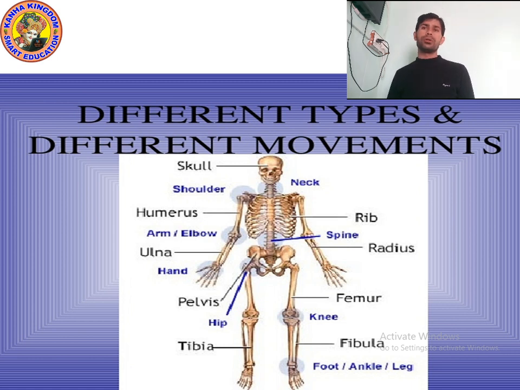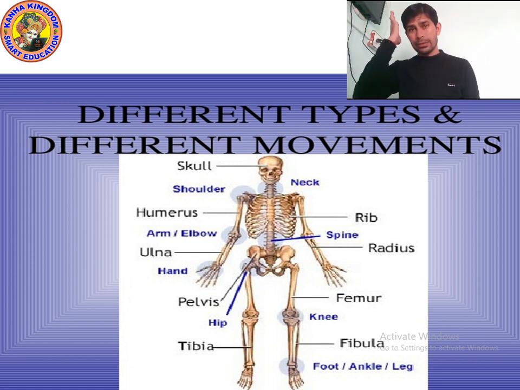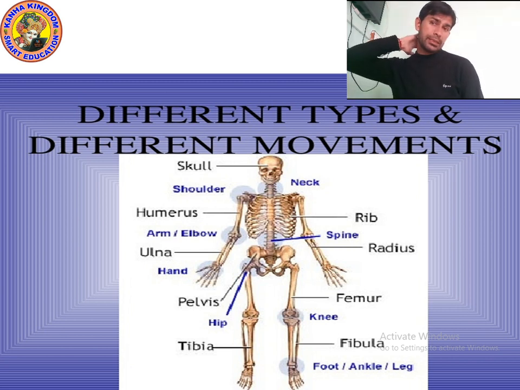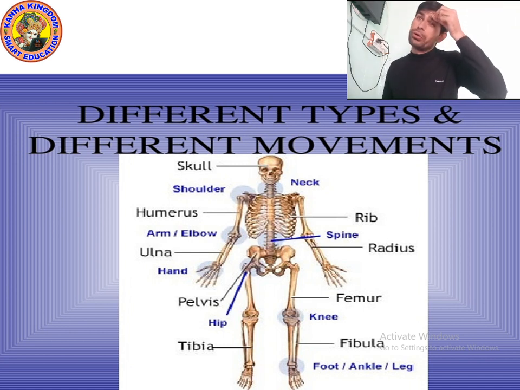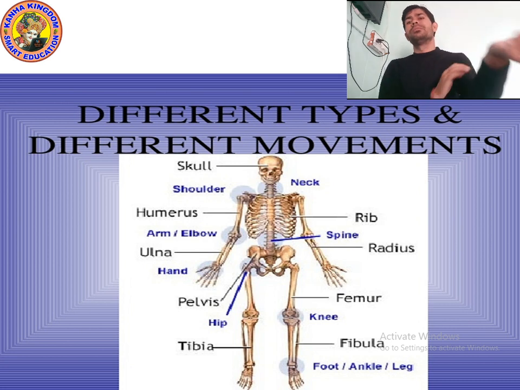Yes, this is endoskeleton. There are different parts of our body, as you can see on your screen. The first part is the skull, at the top, then the neck and shoulder. Our arm has two bones.